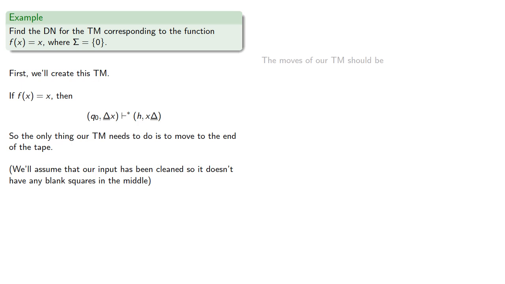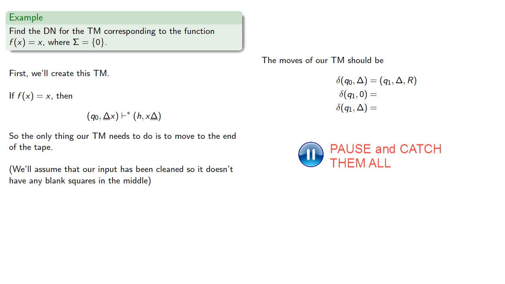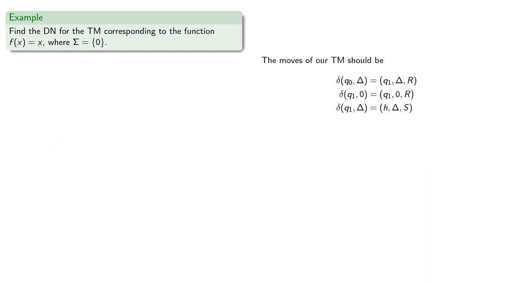So the moves of our Turing machine should be something like the following. From the initial state, if we read blank, we switch to state Q1 and reprint the blank, move right. And then if we're in state Q1 and read a 0 or blank, we should make the moves. To convert this into a description number, we do need to index our states and symbols.